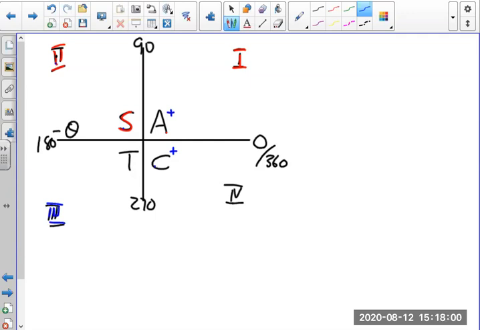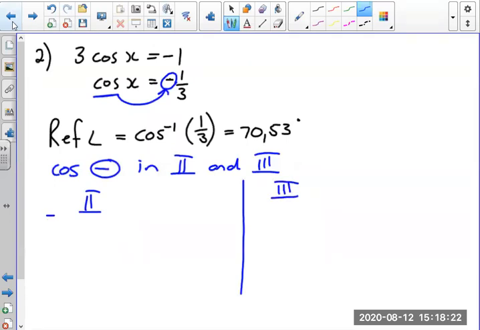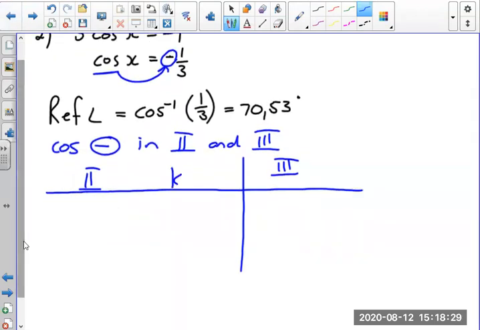And remember, for quadrant 2, you say 180 minus theta. For quadrant 3, you say 180 plus theta. So cos is negative in quadrants 2 and 3. Now you must do a sum for quadrant 2, and you must do a sum for quadrant 3. So now you say, okay, I must remember k element of z again.